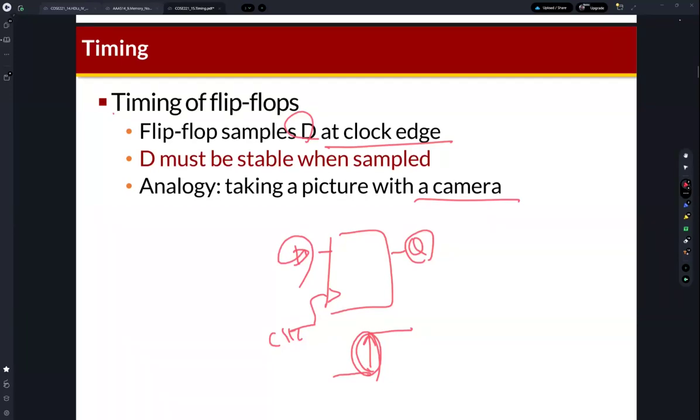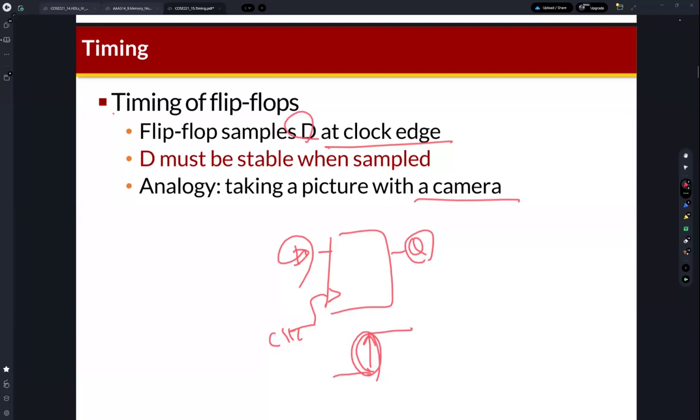Let us assume that we are taking the picture, but if the object is moving, then we can observe unstable, not incorrect, but because the object is moving, we just observe some blurred and undesired picture, right? Why?